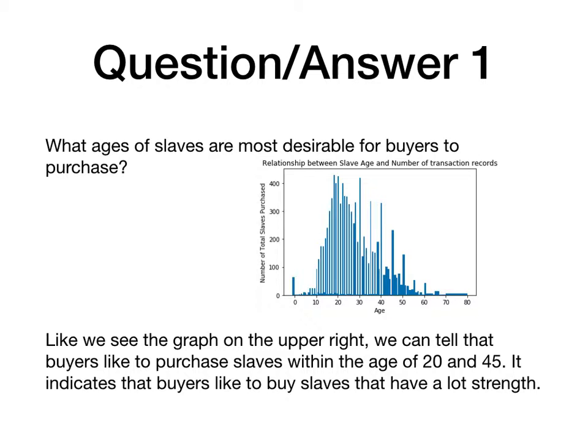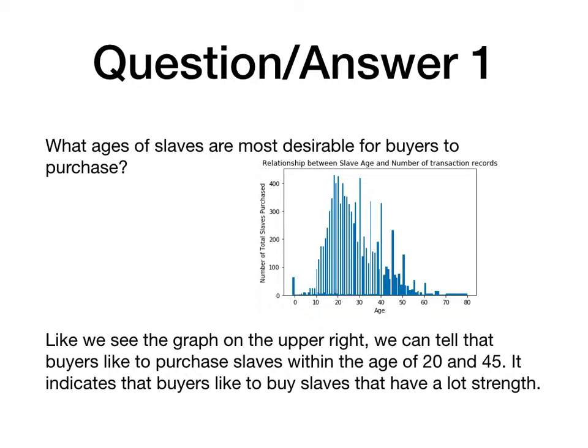The reason why I want to talk about this question is that I want to show people what types of slaves are most popular and how many young people or teenagers have experienced this inhuman treatment back in the days.